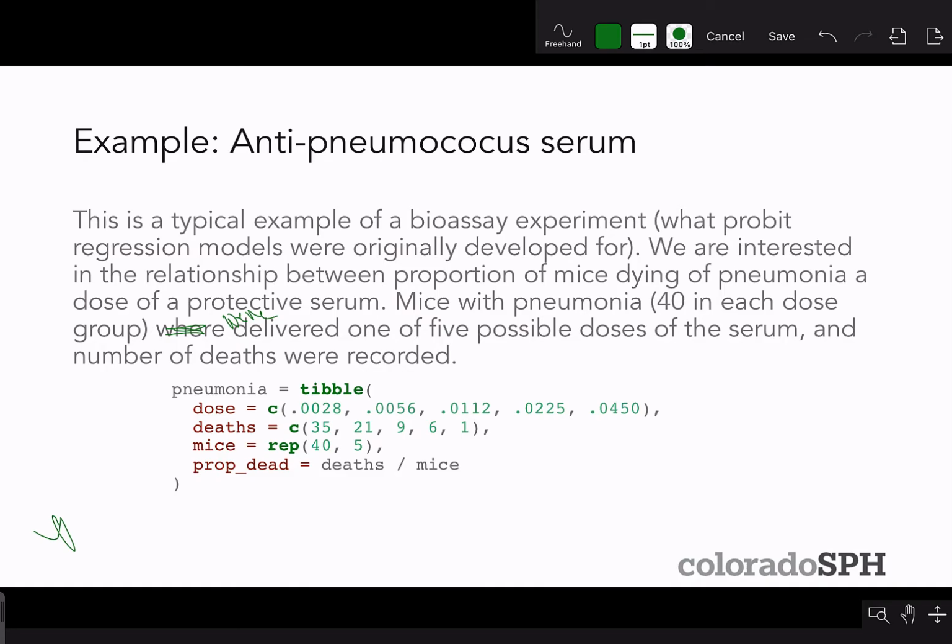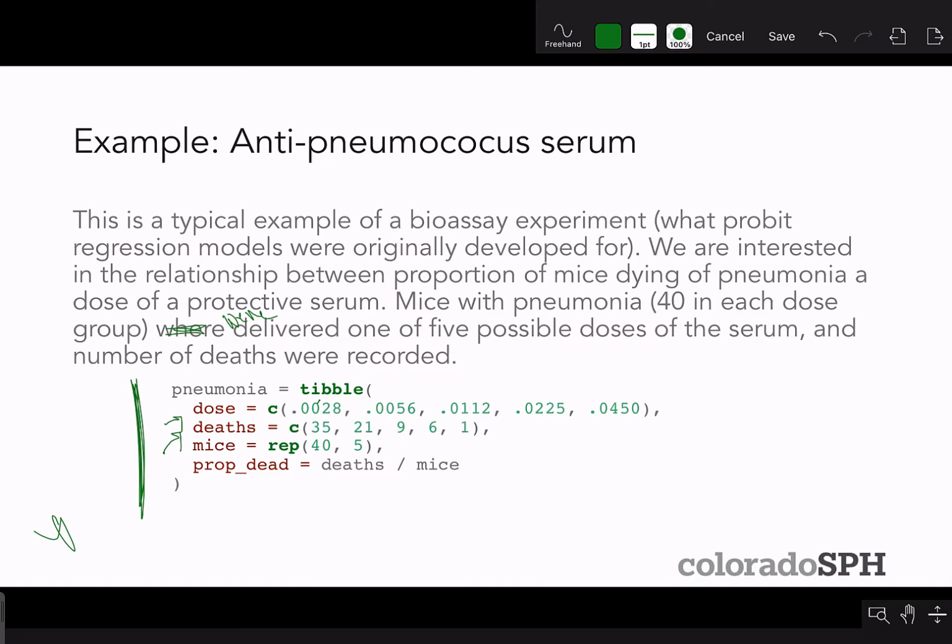So here I have some code putting that into R. We're going to have a variable dose, which gives you the different dose levels, 1, 2, 3, 4, 5 doses we have here. The number of deaths that were recorded in each dose group. And so these are actually decreasing as dose increases.